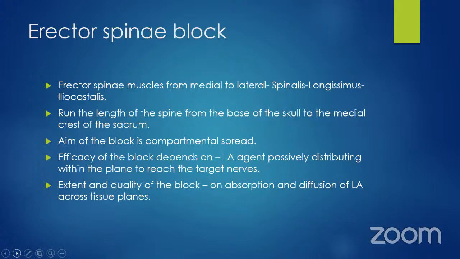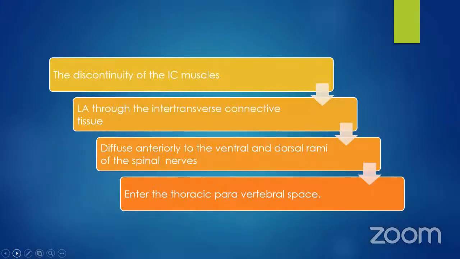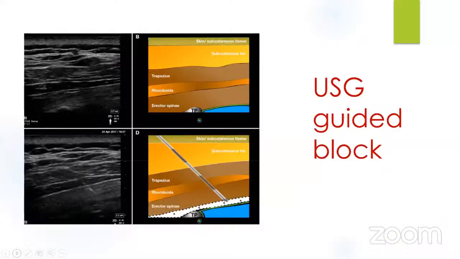The extent and quality of the block depend on the absorption and diffusion of the local anesthetic across the tissue planes. Because of the discontinuity of the intercostal muscles, local anesthetic passes through the intertransverse connective tissue and diffuses anteriorly to the ventral and dorsal rami of the spinal nerves, and from there it enters the thoracic paravertebral space.